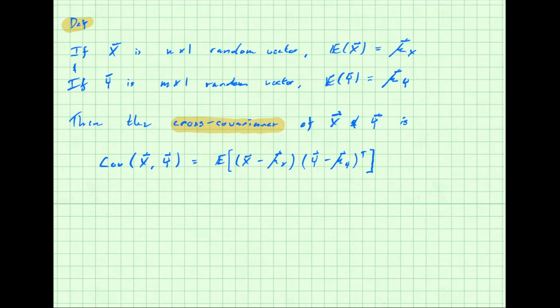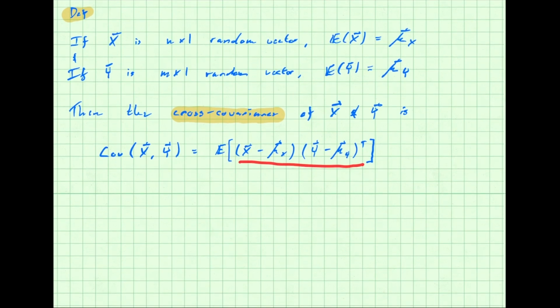So the argument inside here is a matrix expected value. This gives you a cross-covariance matrix.